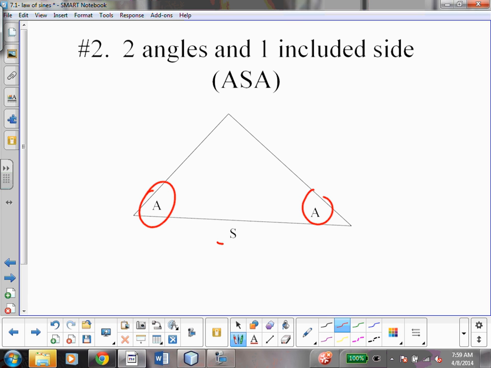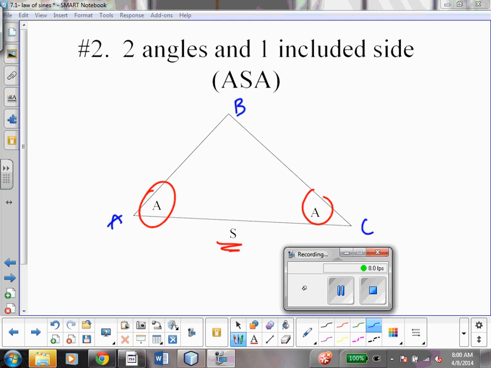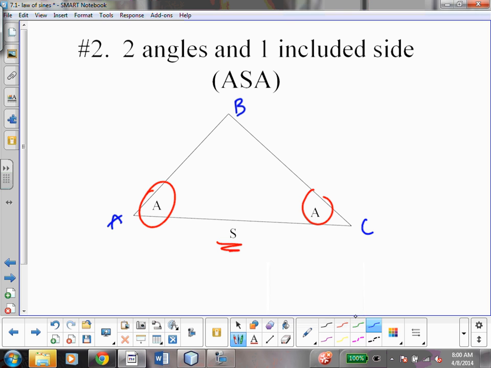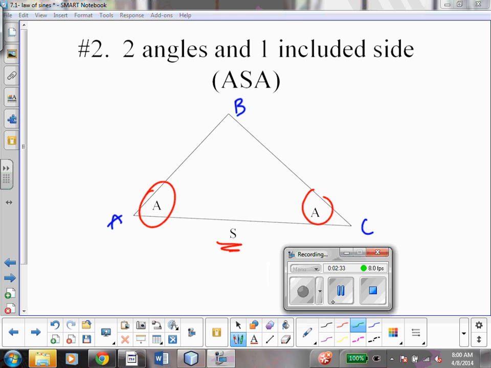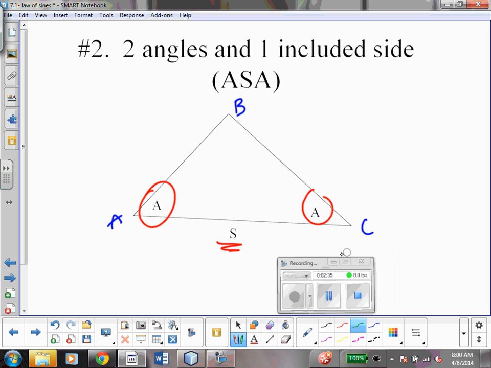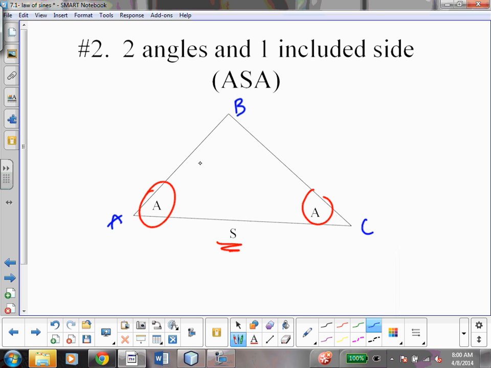The second case is when you have two angles and an included side. Two angles and one included side, meaning the side is in between the two angles. If I give this triangle some labels, in this case I could set up several different things given what I know. I can find the third angle by subtracting these two from 180.